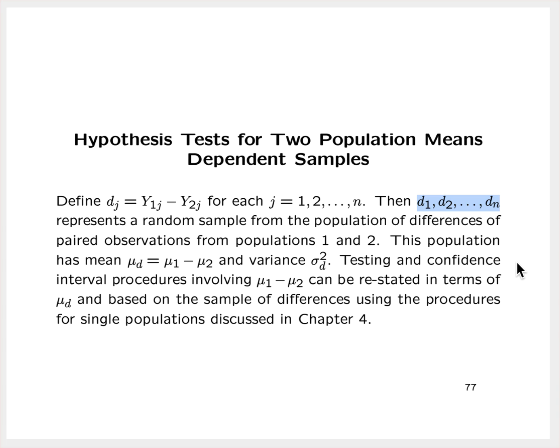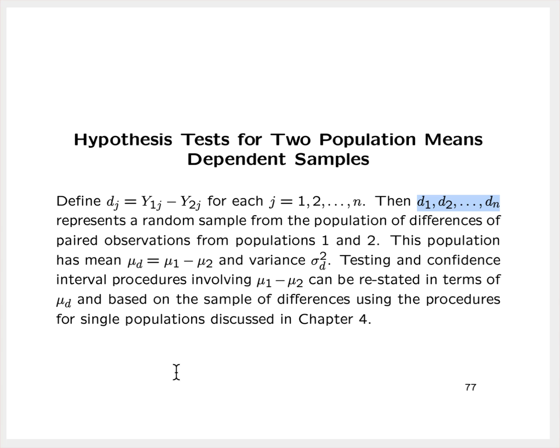All right, and so then testing and confidence interval procedures involving mu sub d, which is equal to mu1 minus mu2, can then be restated in terms of mu sub d itself, and based on the sample of differences using the procedures for single populations that we discussed back in Chapter 4.